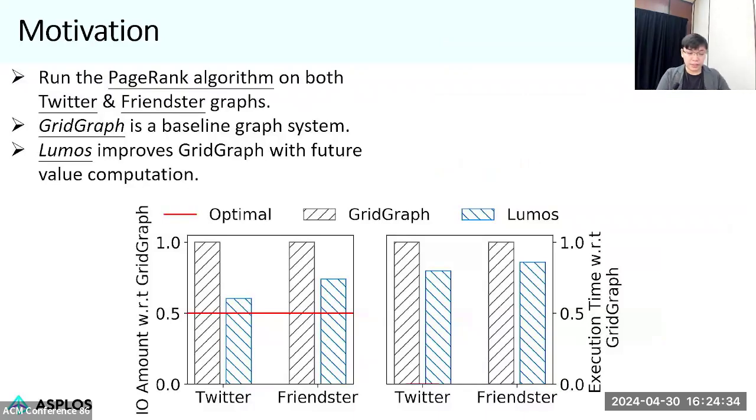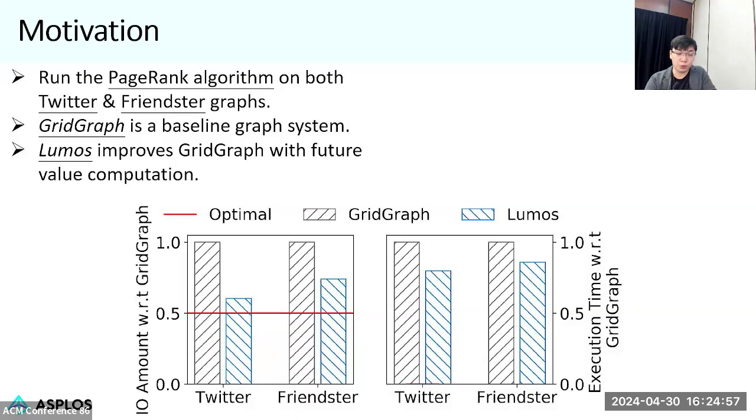However, the state-of-the-art work in this direction cannot well utilize the feasibility computation, and it leaves some room for improvement. So in this motivation, we run the PageRank algorithm on two graphs, Twitter and Friendster. And we run with GridGraph and Lumos. GridGraph is actually a baseline system which just works with normal graph processing.